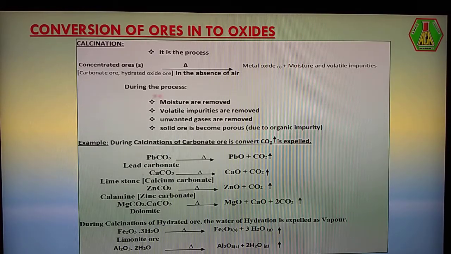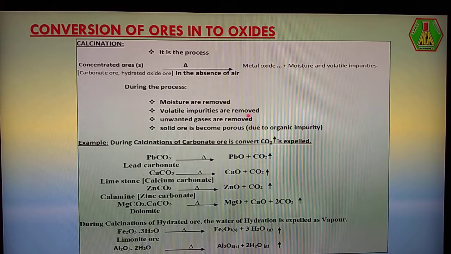So what happened during the process? The moisture is removed. We all know our ore has already gone through a concentration process, so it has moisture content. Such moisture is removed during the calcination process. Volatile impurities are all removed.